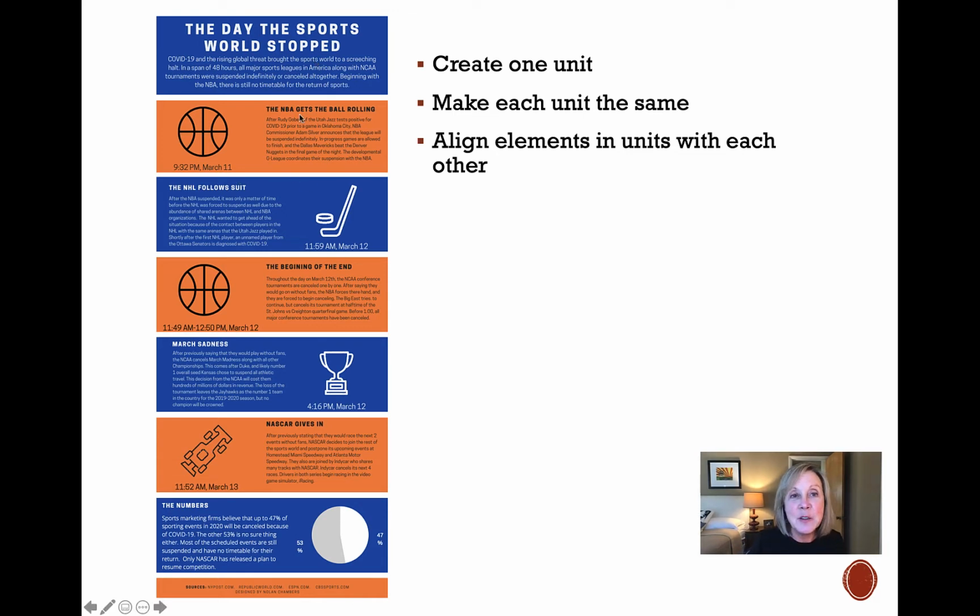All right, so what he did was he knew he had this information, and he knew he had these graphics that he created. And so what he did was he created 1, 2, 3, 4, 5, 6, 7 equal shapes. He laid out one shape, and then he made every other shape a reflection of that shape.